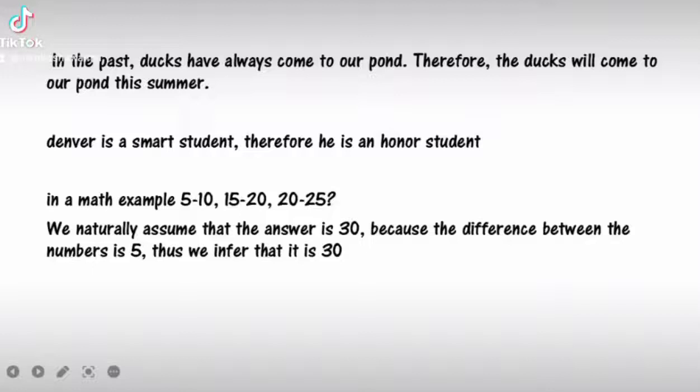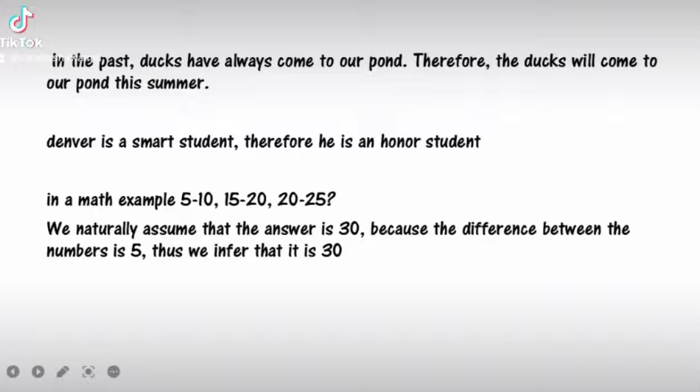First, in the past, ducks have always come to our pond. Therefore, the ducks will come to our pond this summer. Second, Denver is a smart student, therefore he is an honor student. Finally, a math example which I discovered in a module, so perhaps this will be the most evident illustration of inductive reasoning. 5, 10, 15, 20, 25.